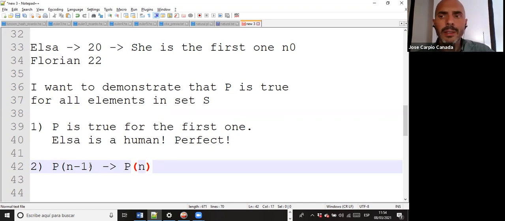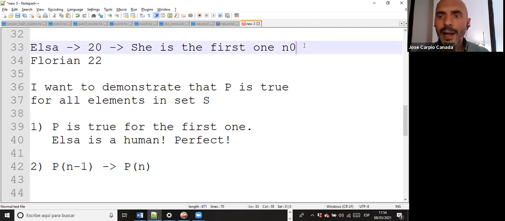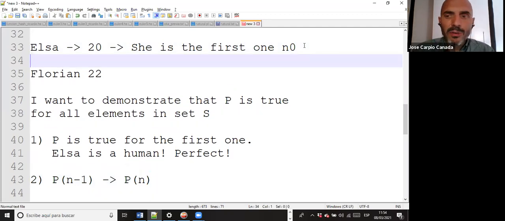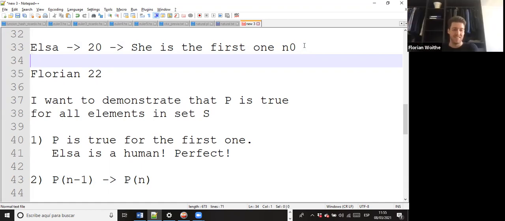What does that mean? In the example of humans in the classroom, who is n-1? We have Elsa. I need now the person with 21. Who tells me that they are 21? Florian. No. Who has 21?